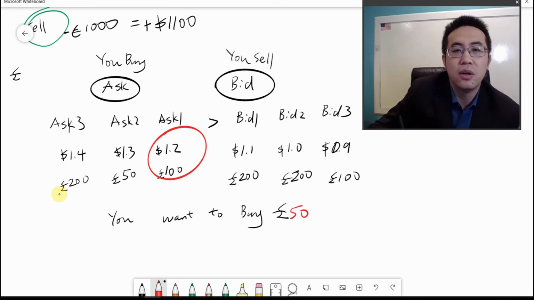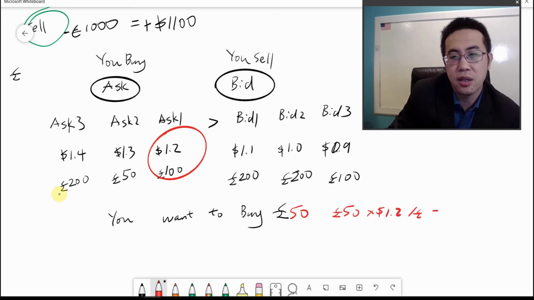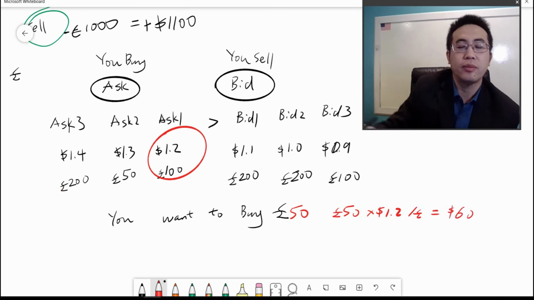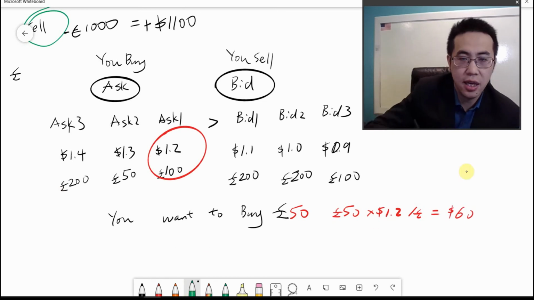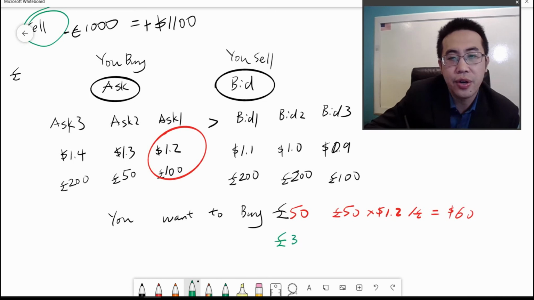Yes, it does. So you will just need to get half of bank 1's inventory, and then pay for 50 pounds times $1.2 per pound. This is $60 US.